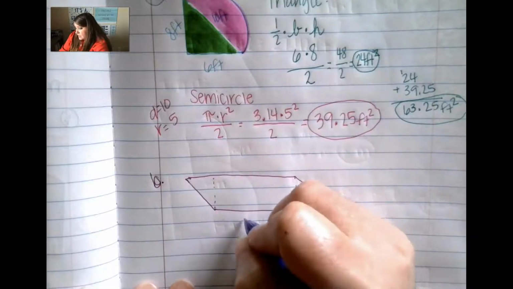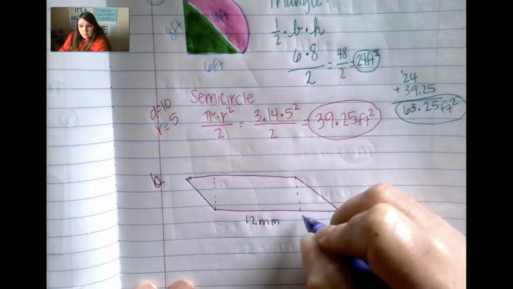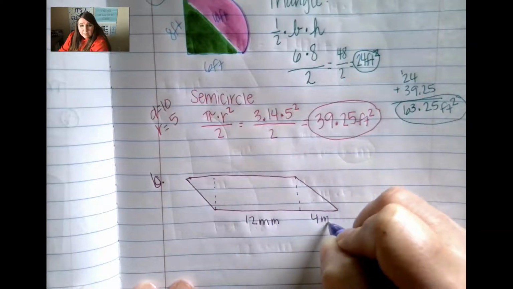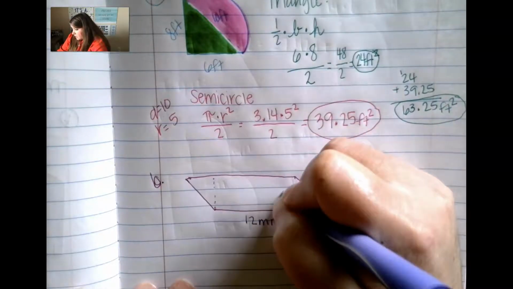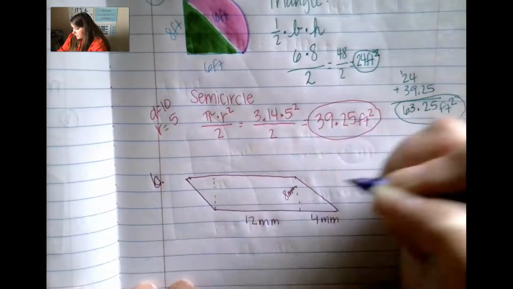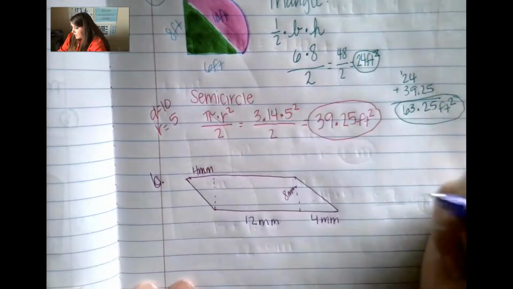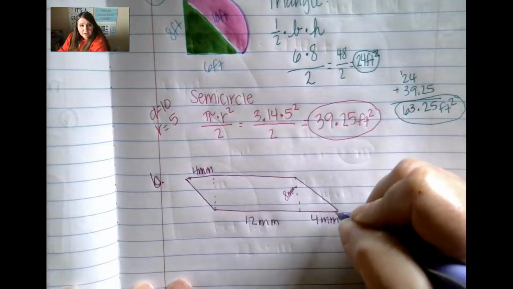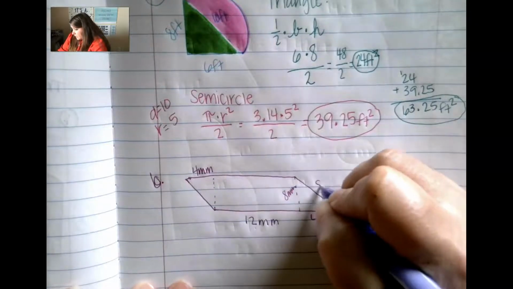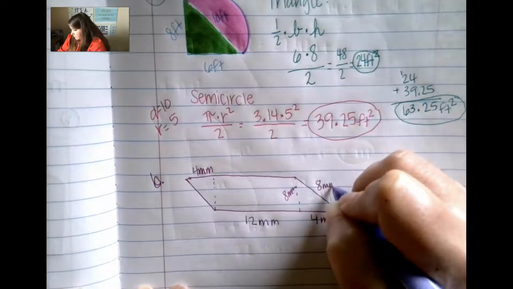So let's say that this right here is 12 millimeters, and then we have 4 millimeters. From here to here, it's 8 millimeters. This is also 4 millimeters. And our hypotenuse, or the slanted side here, is going to be 8 millimeters.